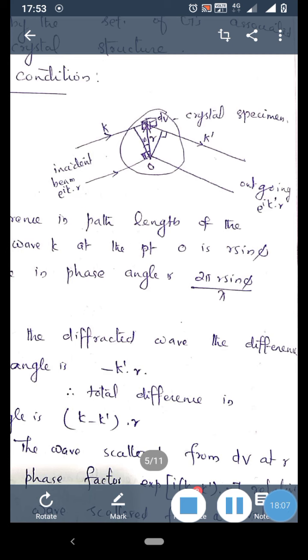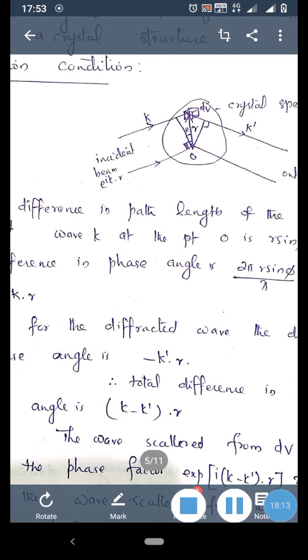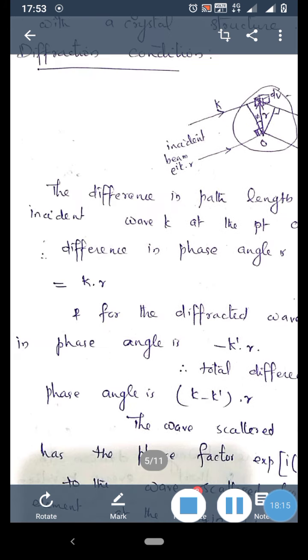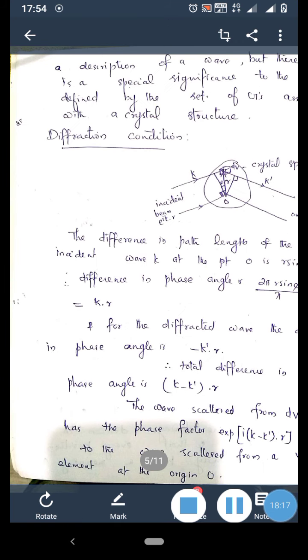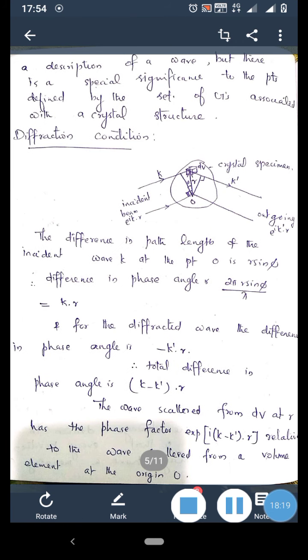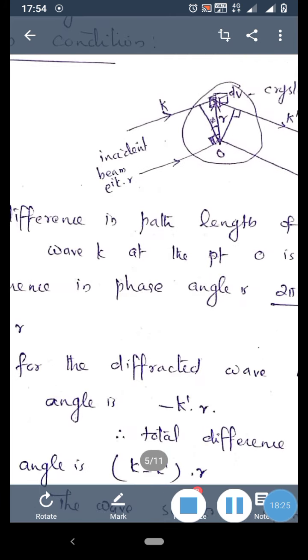Here a small volume element is shown with respect to the origin, and some point is marked as O. You can see the difference in path length of the incident wave k at the point O is r sin phi, where phi is marked.